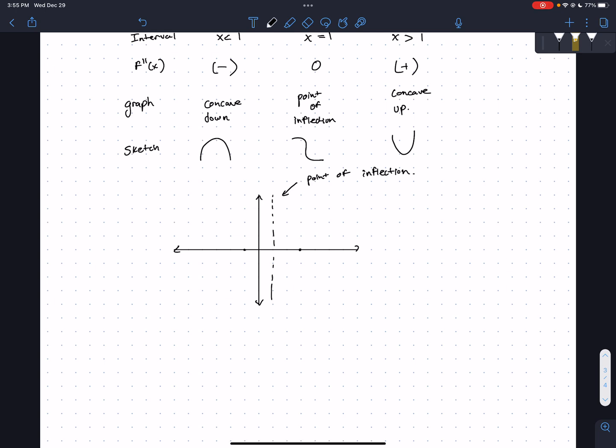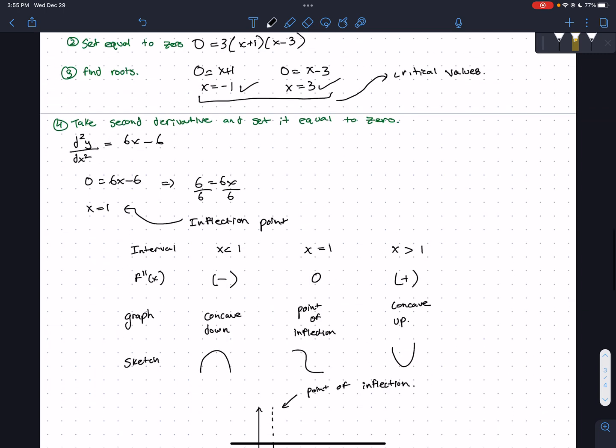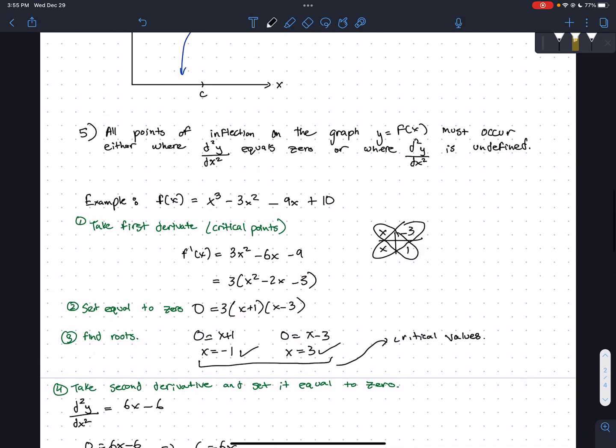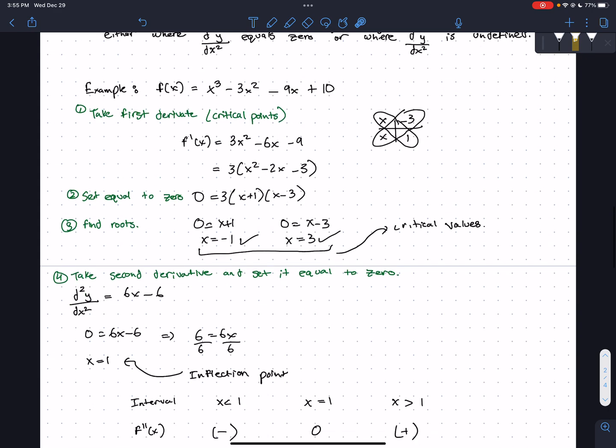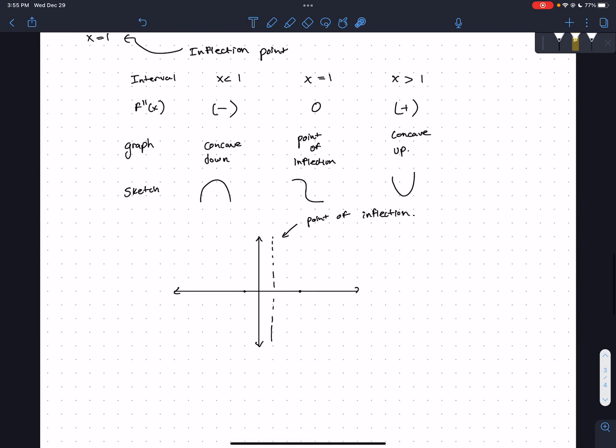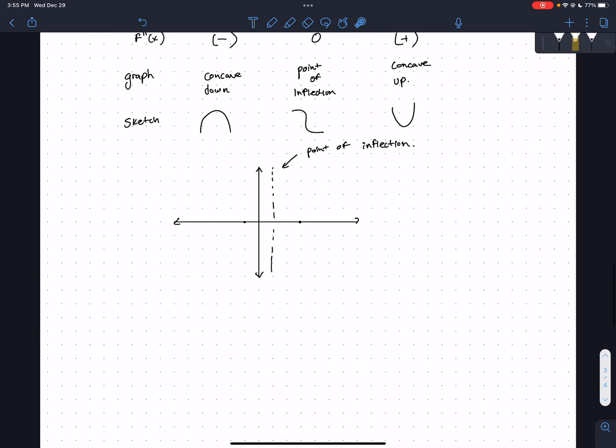And so what do we know about this function? We know that it's an odd degree function, so that means it's going from one side to the other. It's a cubic function, right? The leading term is positive, so it's going to go from opposite ends, from the lower end to the more positive end. So that means we could start here.